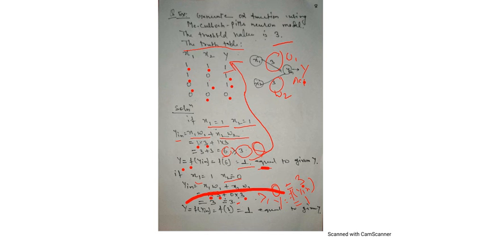Now see the third case. The third case is when x1 is 0 and x2 is 1.